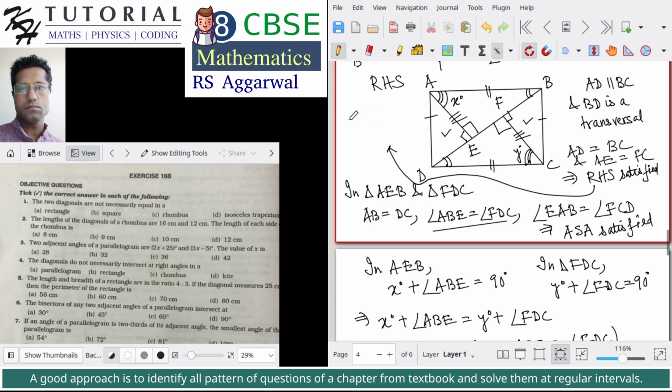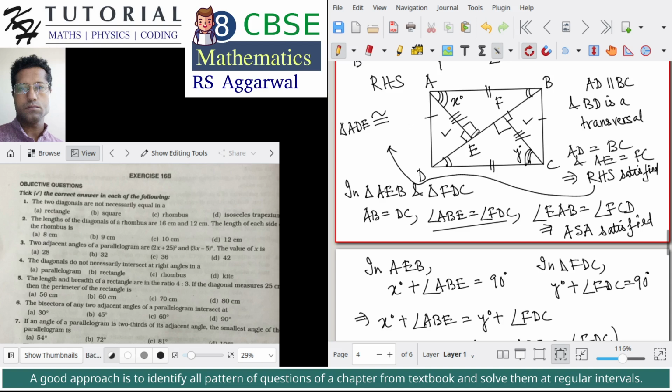So now we can say that triangle ADE will be congruent to a triangle. What will be the congruence relation between triangle ADE and BFC?